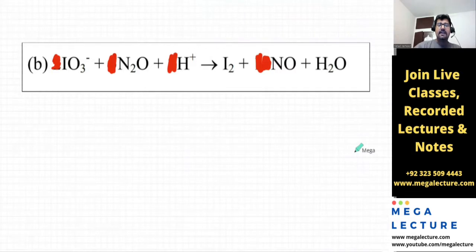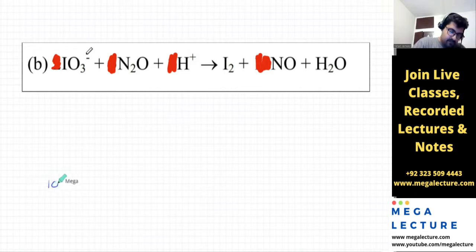Can you quickly calculate and tell me what is the oxidation state of I in IO3 -1? क्या होगा IO3 -1? And it is +5. Okay, so it's +5 and x -2 times 3, and that's equal to -1. So it's going to come out to be +5. O is obviously -2.